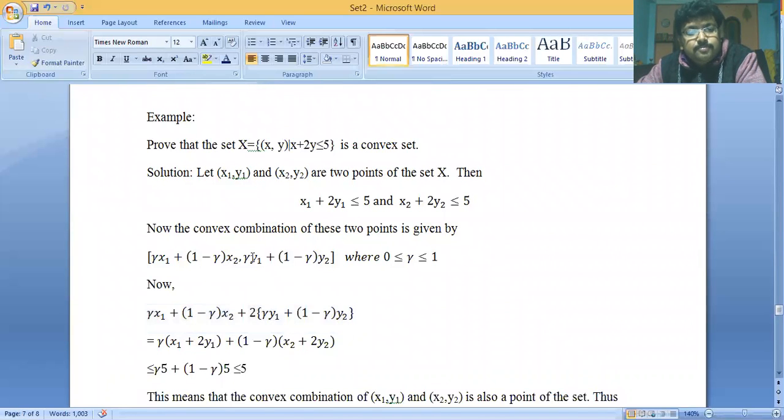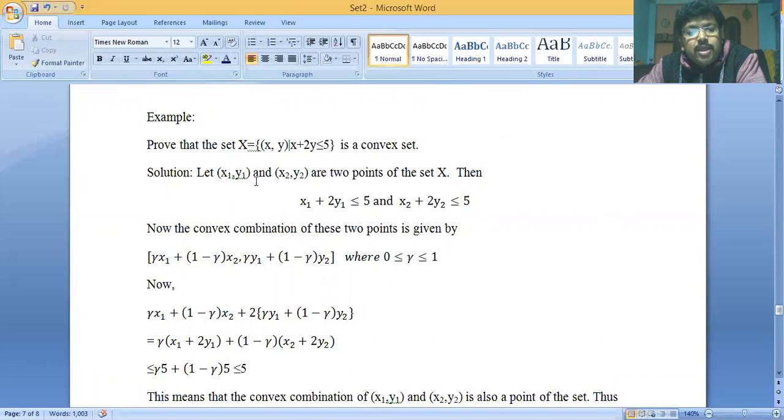Now here is an example. Prove that the set X of 2 points x and y, such that x plus 2y is less than or equal to 5, is a convex set. We have to prove it. Now look at the solution.